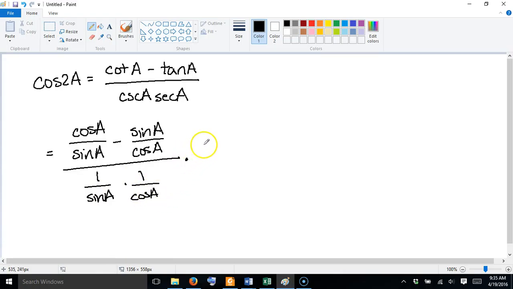Just like the last one, we have a complex fraction here, so multiply by the least common denominator. And again here, it's sine A cosine A, or cosine A sine A, whichever way you want to put it. Cosine A times sine A. There we go.